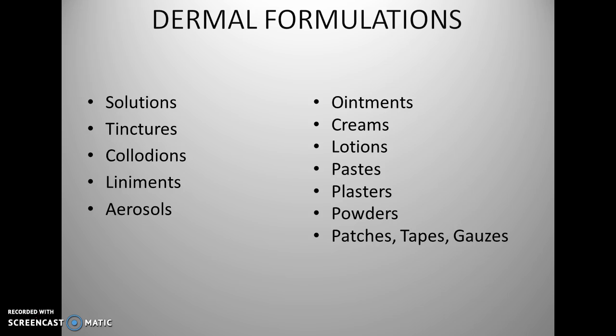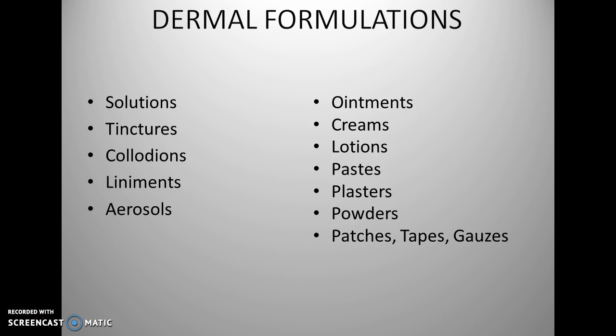Okay, so those are some of the definitions and characteristics you find associated with pastes, plasters, and powders. Then you have what's called transdermal patches, tapes, and gauzes. The transdermal systems, which consist of patches, tapes, and gauzes, deliver medicine to the skin for a systemic effect. The systems can be divided into two kinds: those that control the rate of drug delivery to the skin, and those that allow the skin to control the rate of drug absorption.